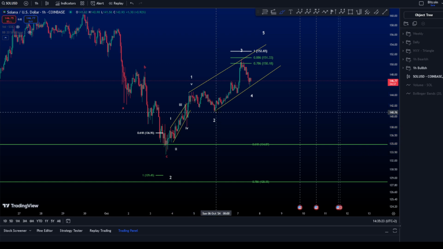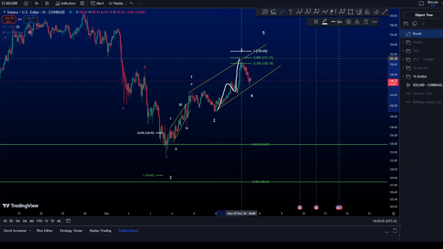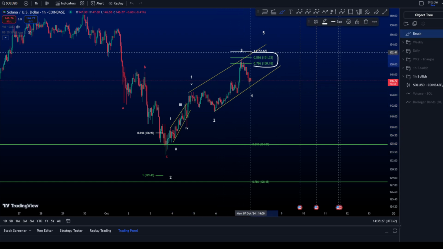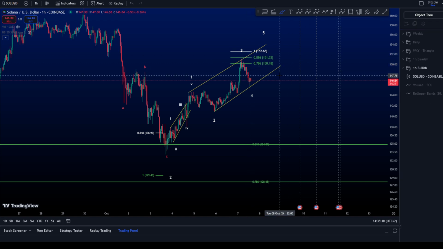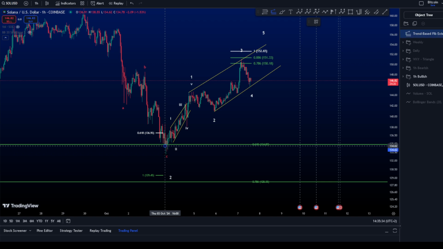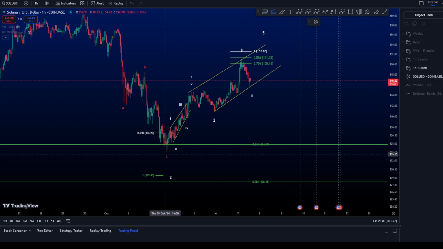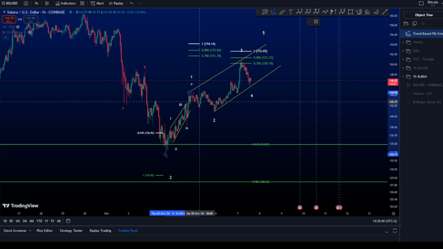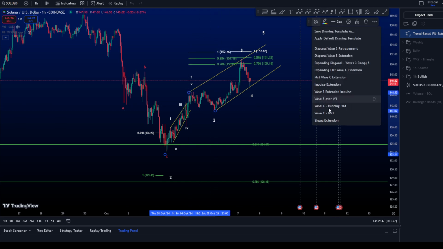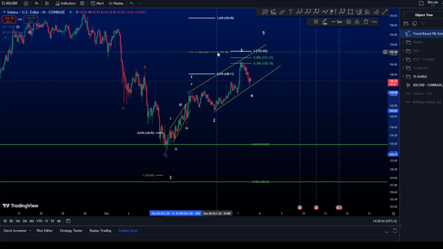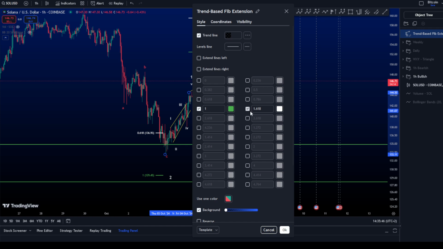And also, another zigzag has finished for wave 3, which has hit perfectly the fib levels for a diagonal wave 3, while it did not reach the 1-to-1 fib level for an ABC zigzag. Like if we take the zigzag here, the 1-to-1 was not reached at all.